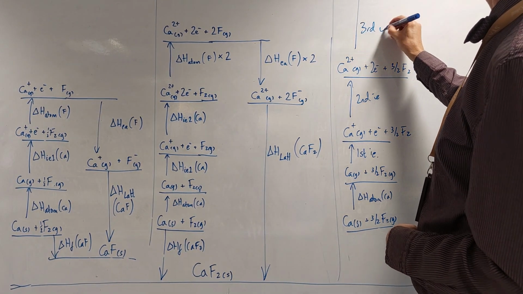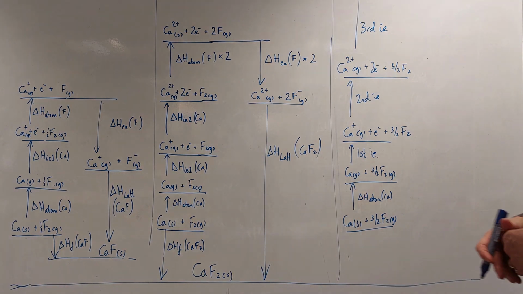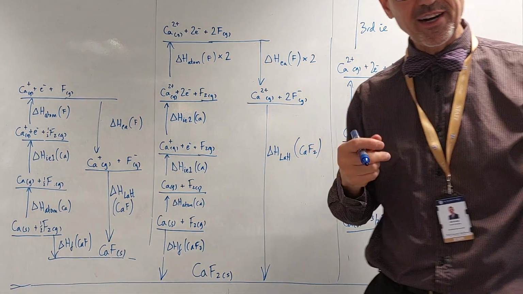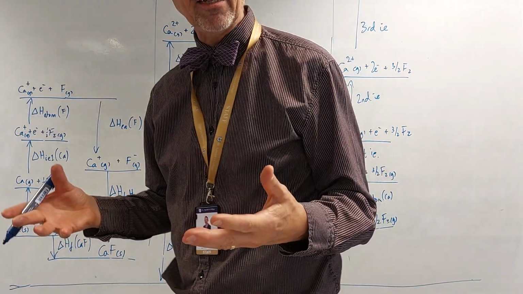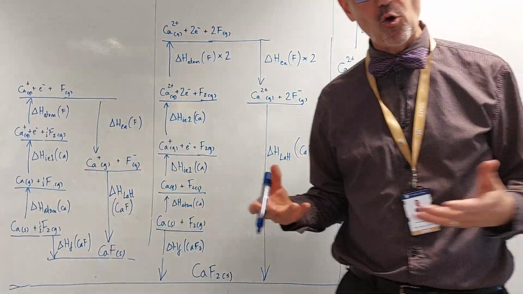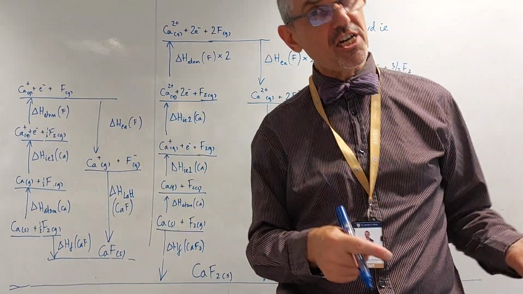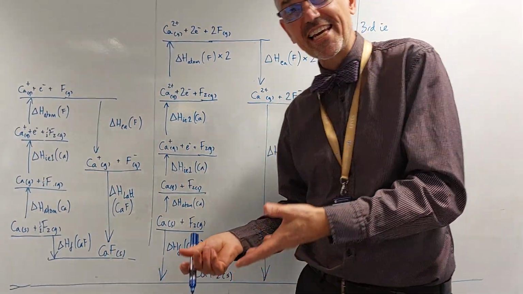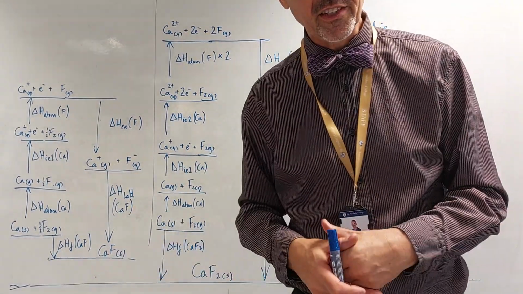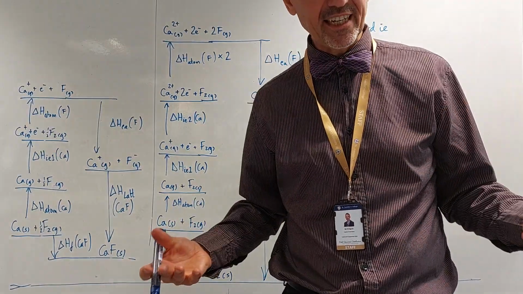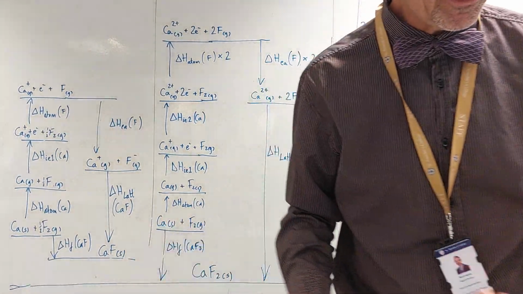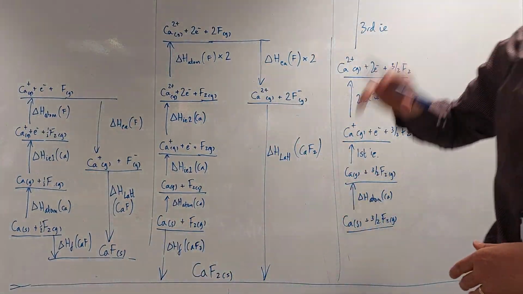So the third ionization energy is going to take us way up, because, of course, the first 2 electrons come out of calcium's outer shell fairly easily, that 4s outer shell. But for the third ionization energy, now we're breaking into the third shell, the 3p, which is going to take a huge amount more energy. So, whoa, we're right up there.